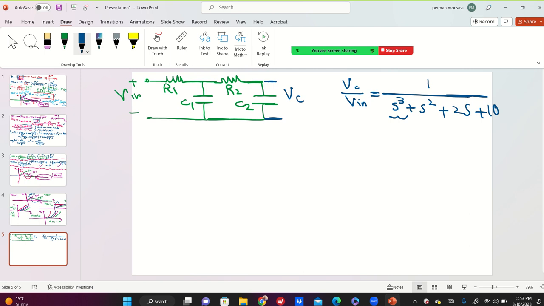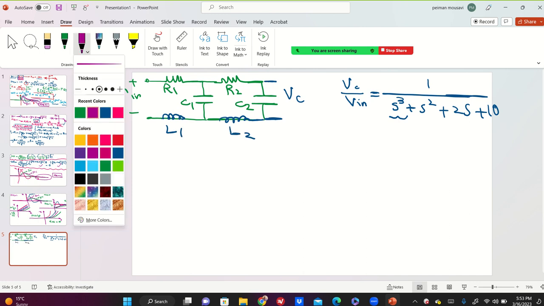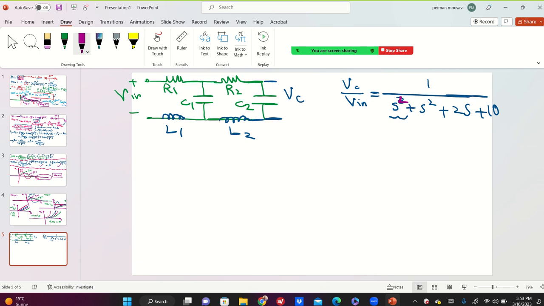Or if I add an inductor here, L1, L2, for example, it's going to be a fourth order system, s to the 4 plus s cubed plus s squared plus 10s plus 50. Oh, fourth order system.